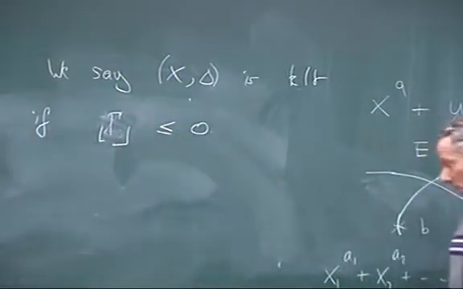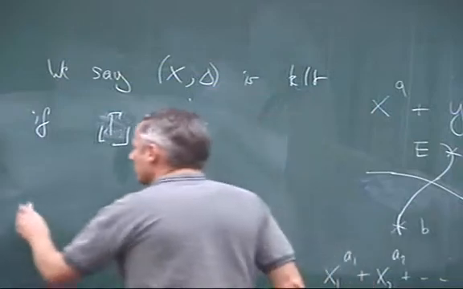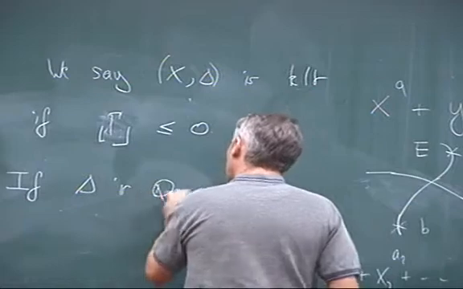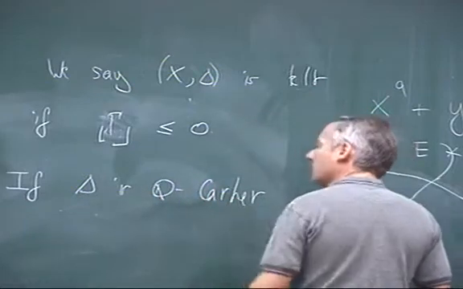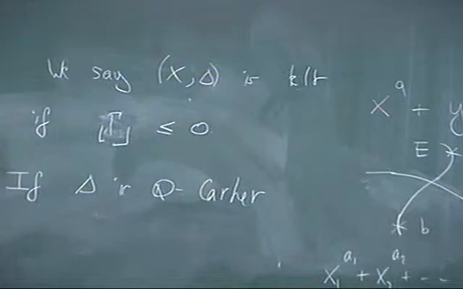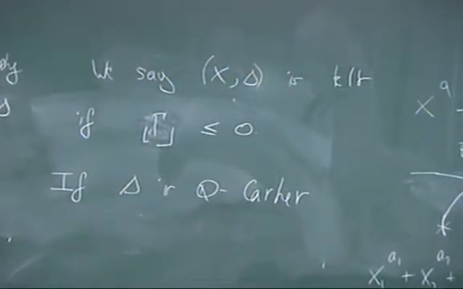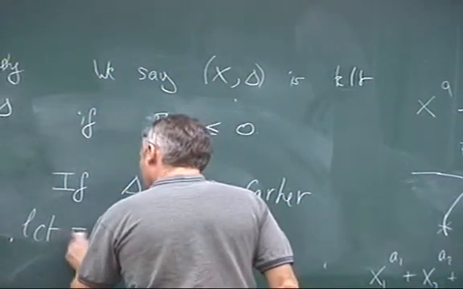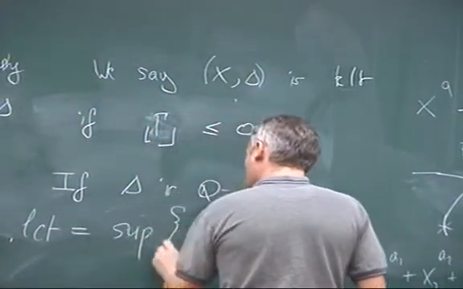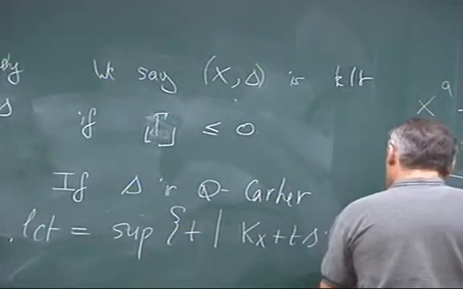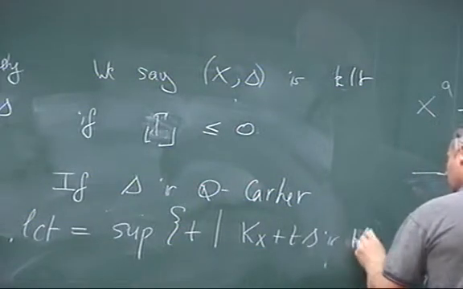So log canonical is the limiting example of that, where you allow some of the coefficients of gamma to be 1. So the log canonical threshold: if delta is Q-Cartier, then K_X plus t delta is Q-Cartier. So the log canonical threshold is the supremum of t such that K_X plus t delta is KLT.